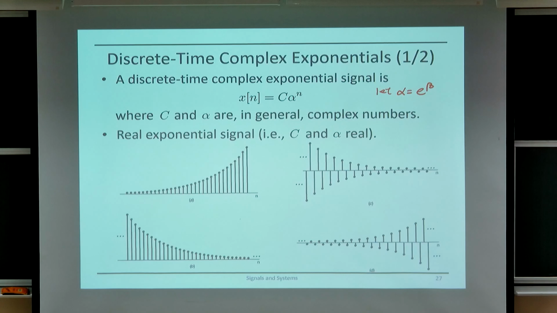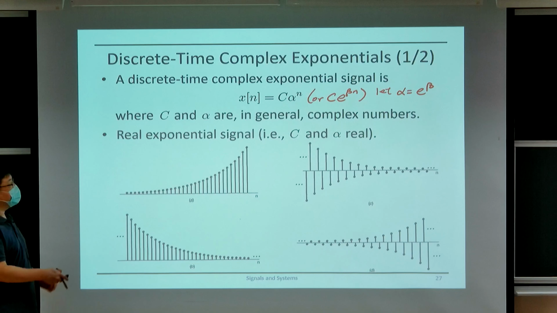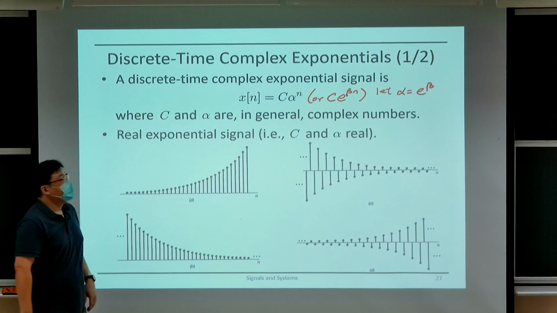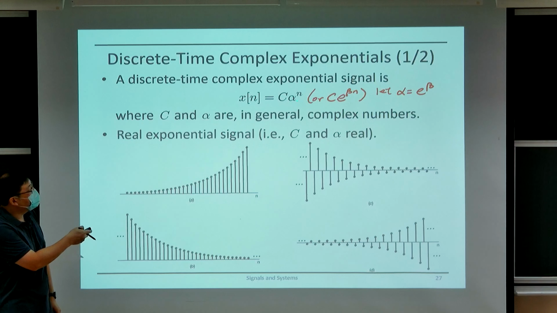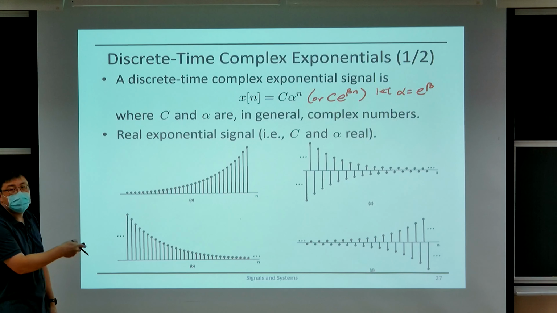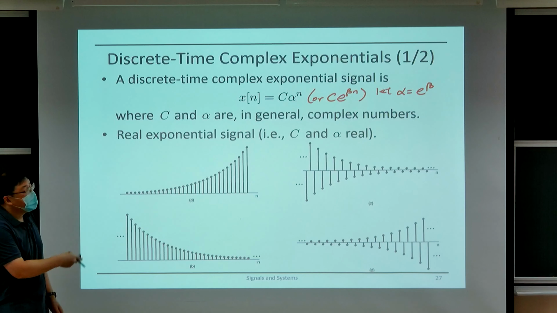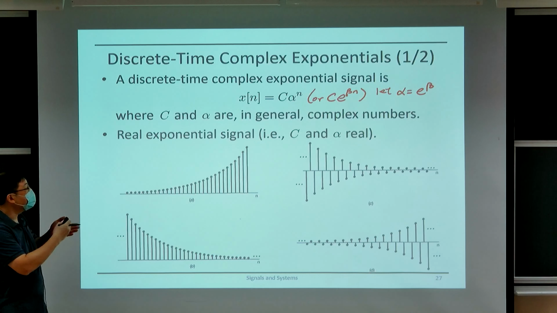So this expression you can also write as c times e to the beta n, which then looks more like what we had before. You can definitely do this, but in the discrete time case, we're more accustomed to using the alpha form because it gives us insights in terms of a geometric series.